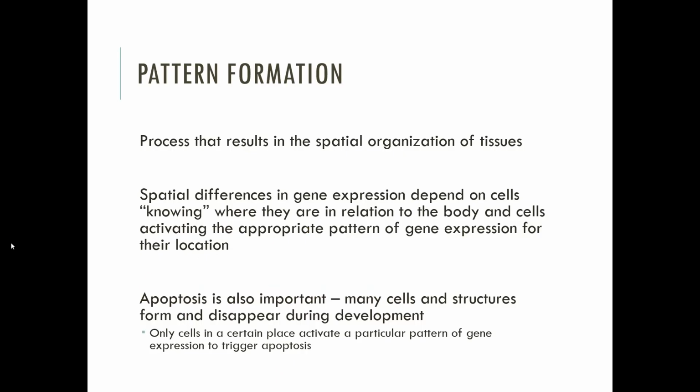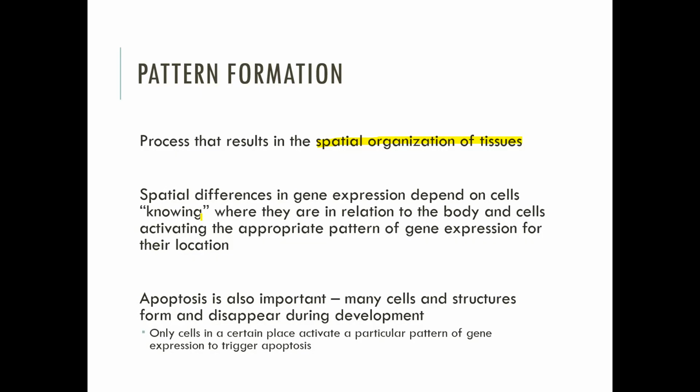All right, pattern formation. Now this has to do with the spatial organization of tissues. And so the cells kind of have to know where they are, and that in many ways determines what they will become. So early on in that embryo, when you have the blastula that pinches in, you get these three germ layers, the endoderm, the ectoderm, and the mesoderm. And so depending on where these cells are in different areas of those germ layers, different areas will become different parts.